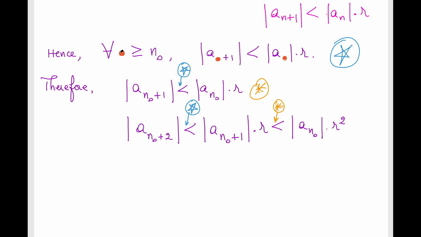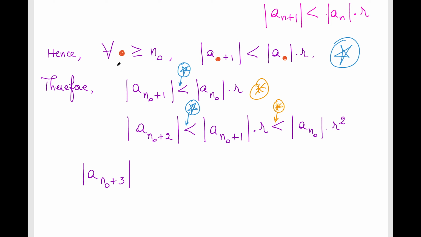So this becomes what? For the bullet being n naught plus 3, this becomes the absolute value of a_{n0+3}. Sorry, the last one was n naught plus 1, right? Now it's going to be n naught plus 2. The bullet is n naught plus 2. So absolute value of a_{n0+2+1} is going to be a_{n0+3}, right? Okay. One more time.